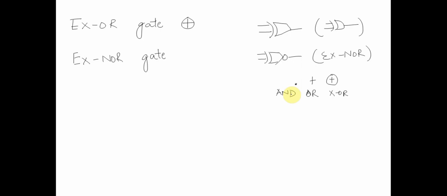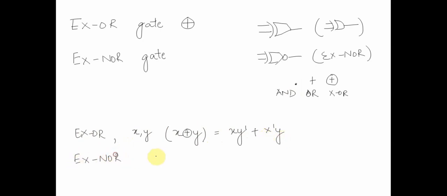If we look at the XOR function, we have two inputs x and y, so we would say x XOR y would be equal to x y bar plus x bar y. This is my XOR function, and my XNOR function, if you have two inputs x and y, would be the complement of x XOR y, which would be equal to (x y bar plus x bar y) whole bar.